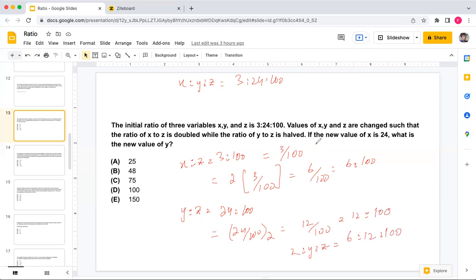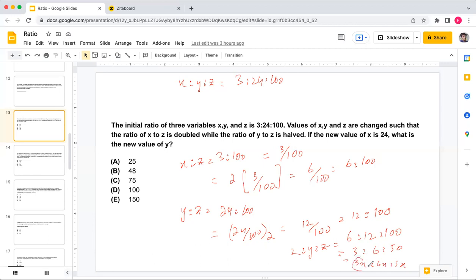Now the question says if the new value of x is 24, what is the new value of y? If you want to simplify, this becomes 3:6:50. You can write this as 3x:6x:50x.